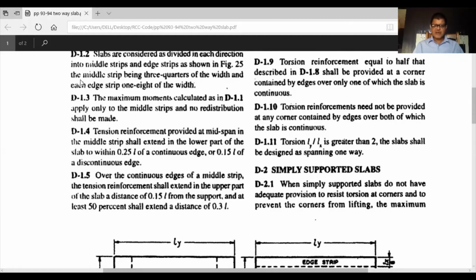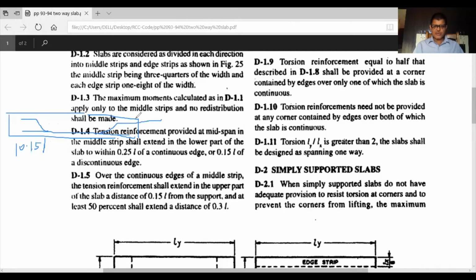So what it says is, if you draw the slab section, this middle strip reinforcement will extend up to 0.25 L. That means you have to bend up these bars at 0.25 L, and for the discontinuous side, it will be 0.15 L.